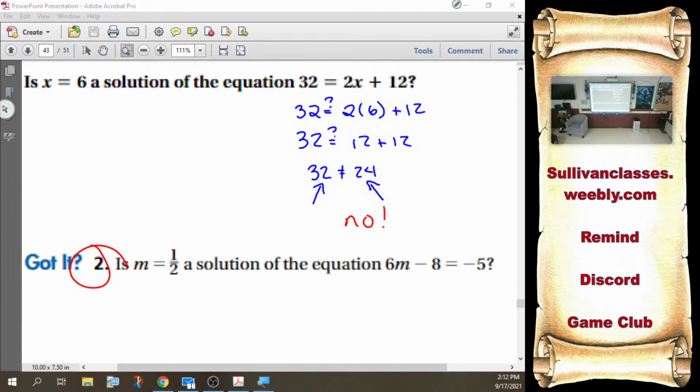Remember, terminating decimals I'm fine with you working with. But be not afraid of the fraction. I just ask, yes or no? Does it work or not?